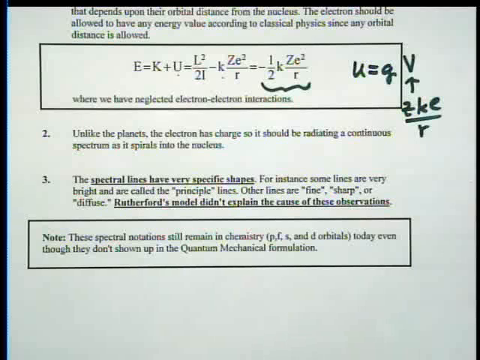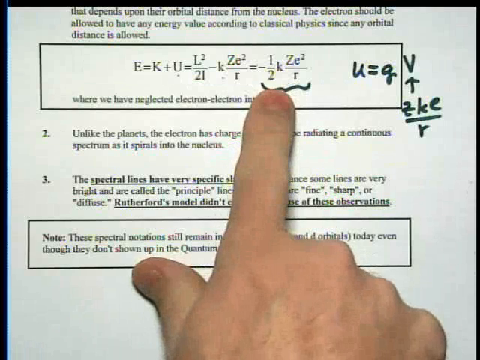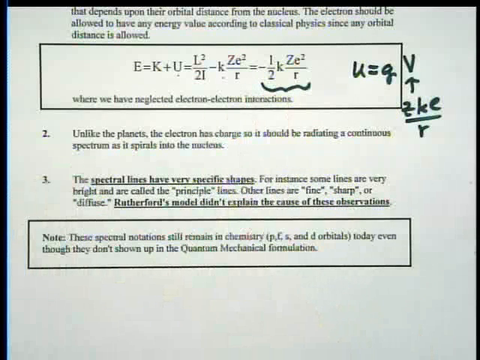Now Bohr decides that he has to make some suggestions, some postulates, some sort of assumptions if he's going to work this problem. And he's already made a couple by giving me this. So let's look at his assumptions.